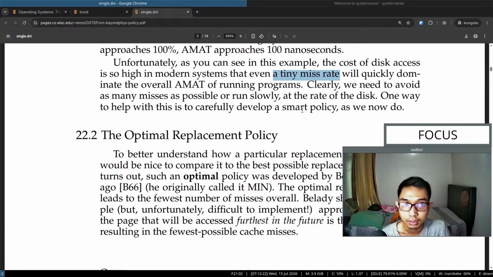Clearly we need to avoid as many misses as possible or run slowly at the rate of the disk. One way to help with this is to carefully develop a smart policy, as we do now.